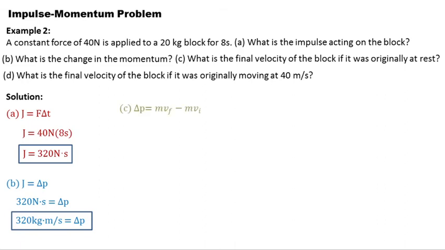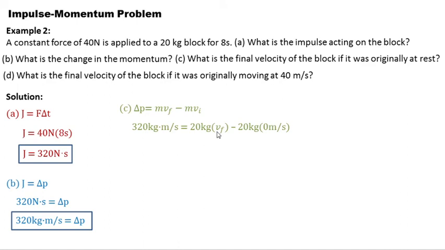While in letter C, what is the final velocity of the block if it was originally at rest? So, change in momentum is equal to mass times velocity final minus mass times velocity initial. So, change in momentum is equal to 320 kg meter per second. Then, mass is 20 kg.